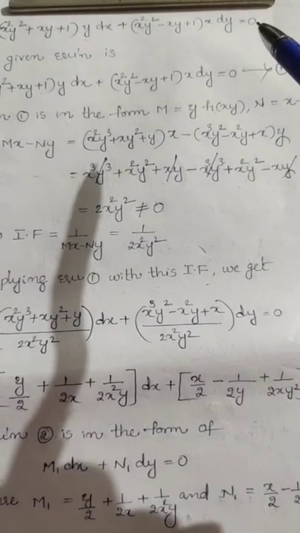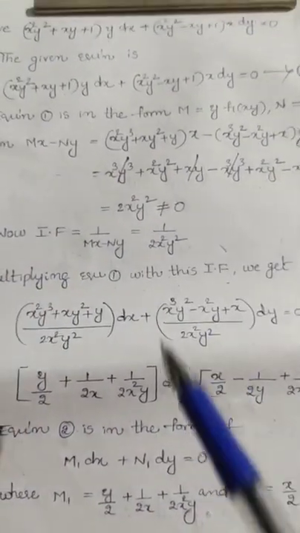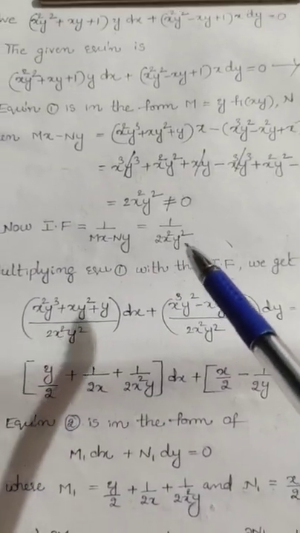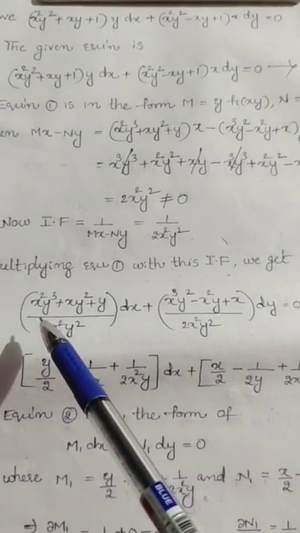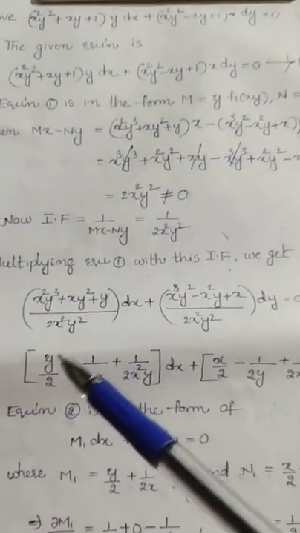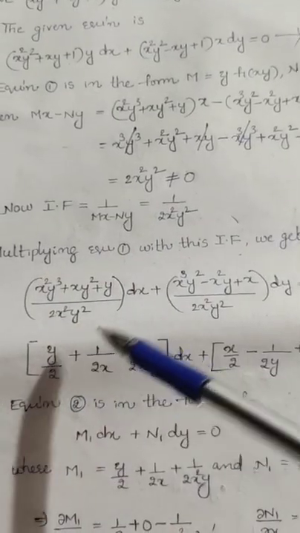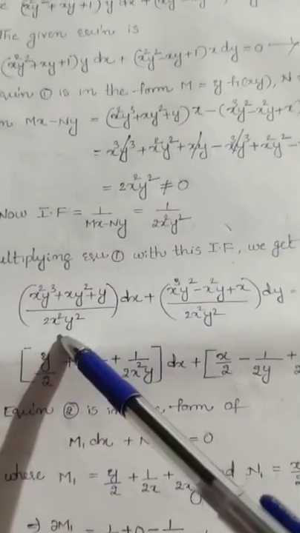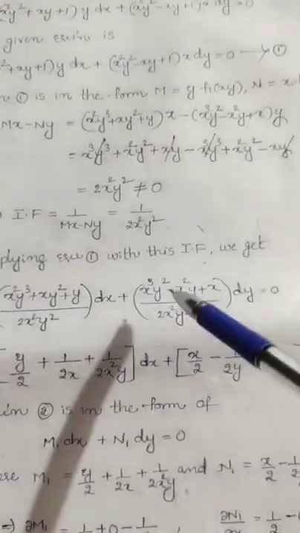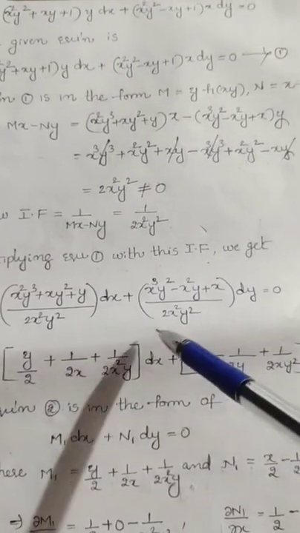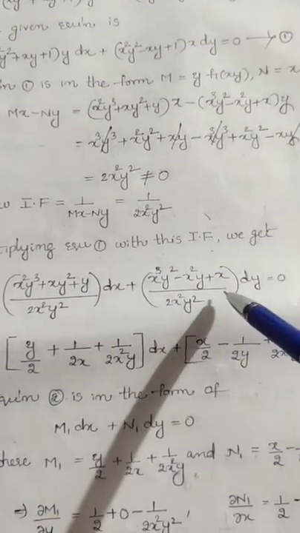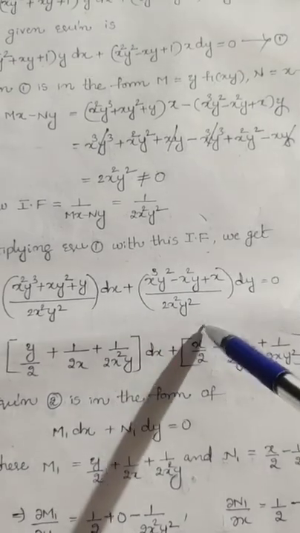Multiplying this equation 1 with the integrating factor, that is 1 by 2x square y square. So that x square y cube plus xy square plus y by 2x square y square into dx plus x cube y square minus x square y plus x by 2x square y square into dy equal to 0.